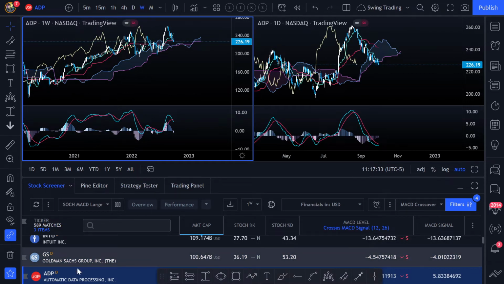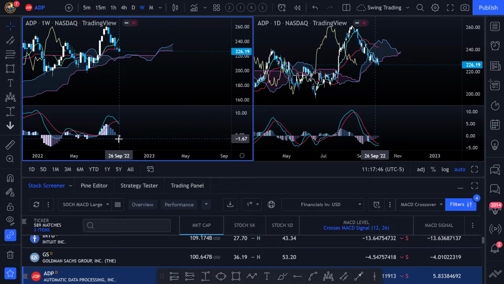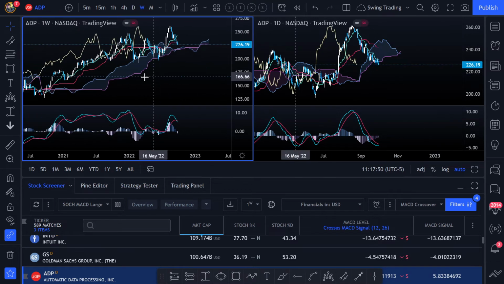And next one, ADP. This one is also crossing bearish in the weekly. Also, you can see that there is a bearish MACD divergence in the weekly time frame.